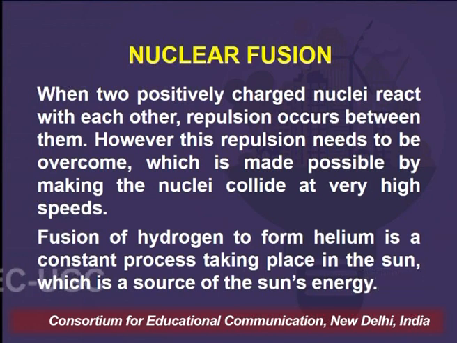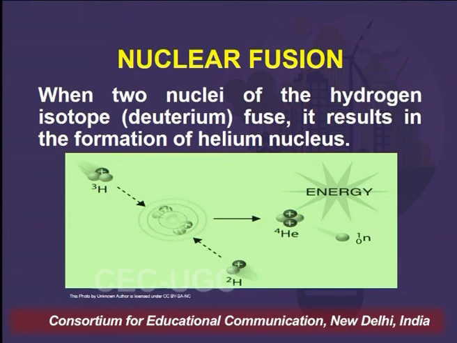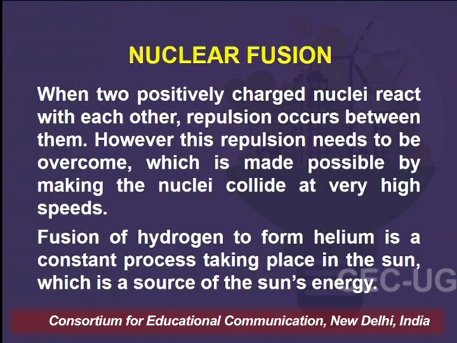As we see here, when deuterium and tritium try to approach each other, both have similar charge, and as we know, similar charges always repel each other. So a lot of repulsion energy is created, and to overcome this repulsion, the nuclei need to be collided at very high speeds.